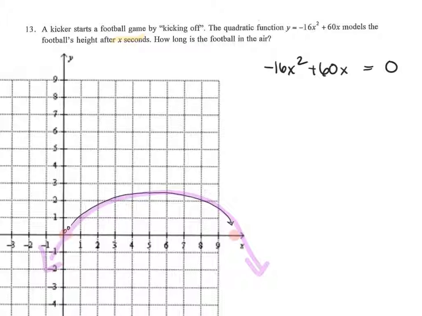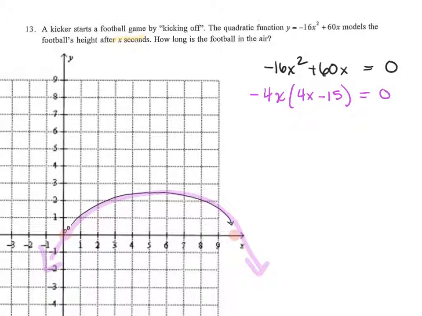And if I was to factor something out of 16x squared and 60x, I would be able to factor out 4, let's say -4x, because we always want to factor out the negative if the leading coefficient is negative. And you're left with 4x minus 15 equals 0.